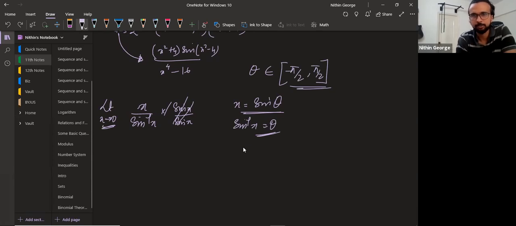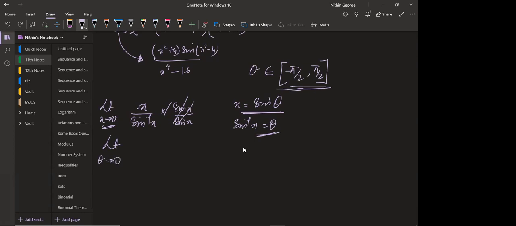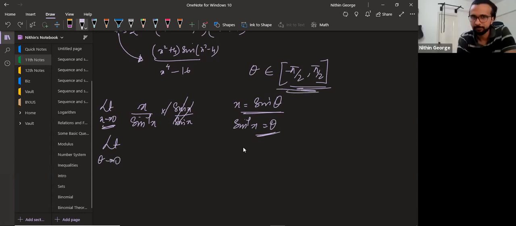So x is nothing but sine theta, and sine inverse x is nothing but theta, and this is nothing but 1.